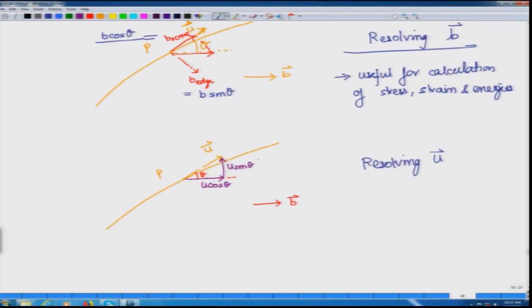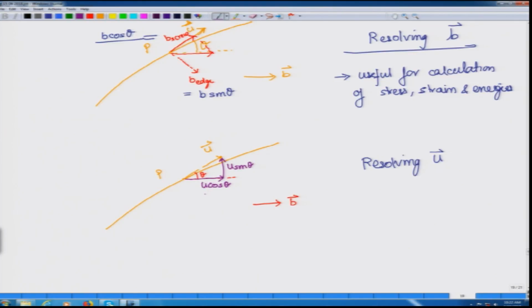Now you have basically dissolved the small line dislocation component into parts which are parallel to the Burgers vector and perpendicular to the Burgers vector.